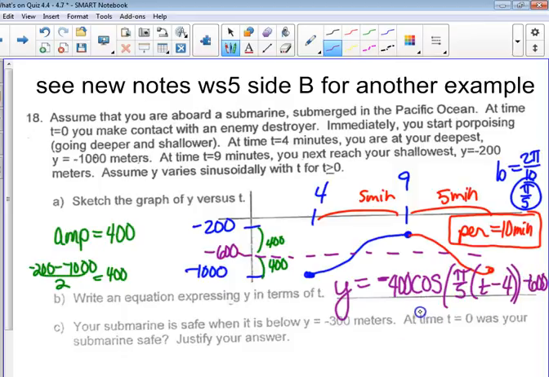Were you confused? Because otherwise you need to distribute the pi over 5 to the 4. If you want, right now with the parentheses, it's shifting it to the right 4. If you get rid of those parentheses, it's not going to shift it to the right 4. It's going to shift it to the right 4 pi over 5 or whatever, because it would be C over B.